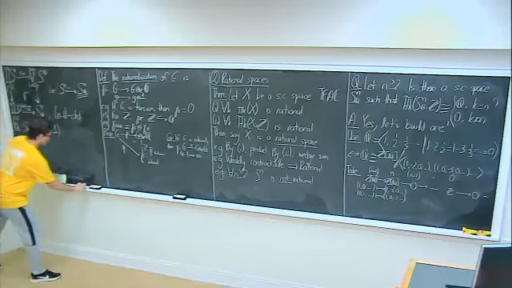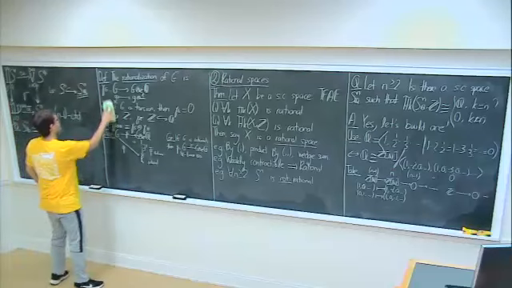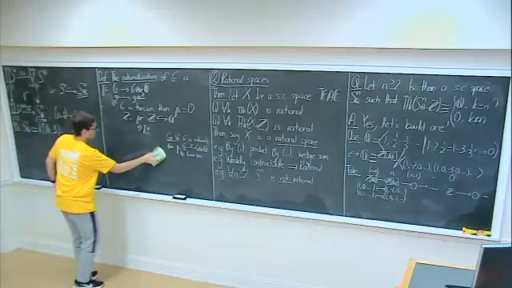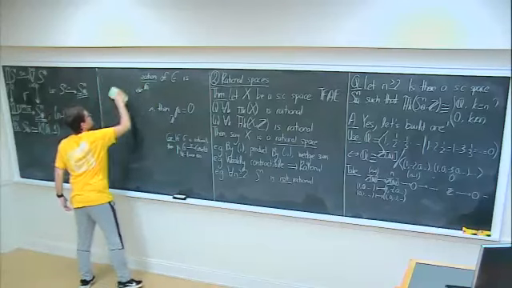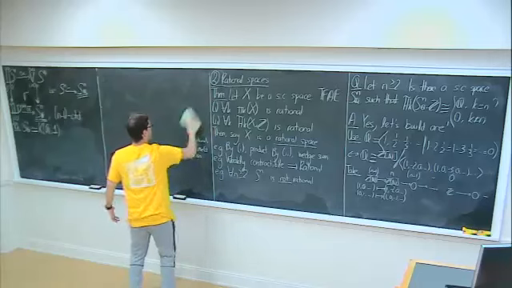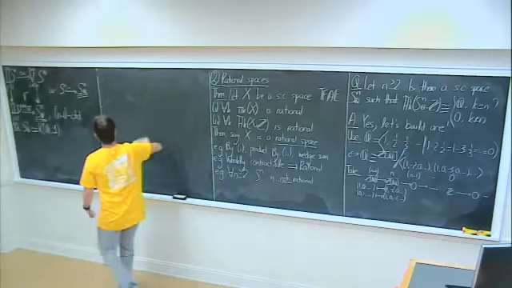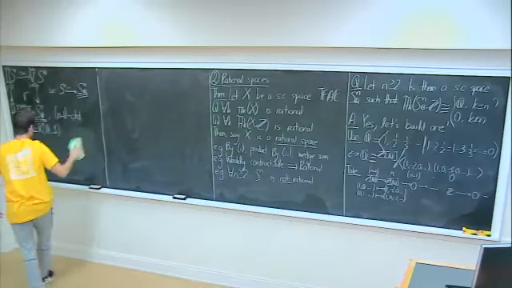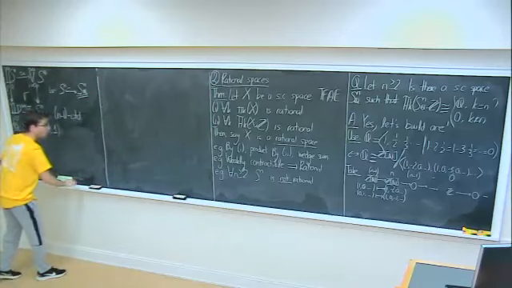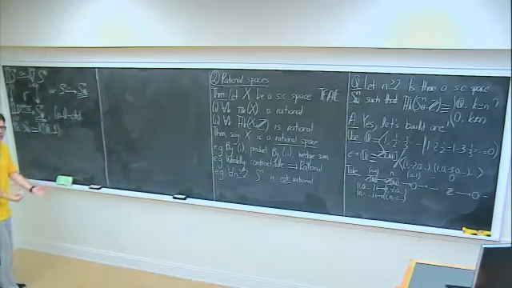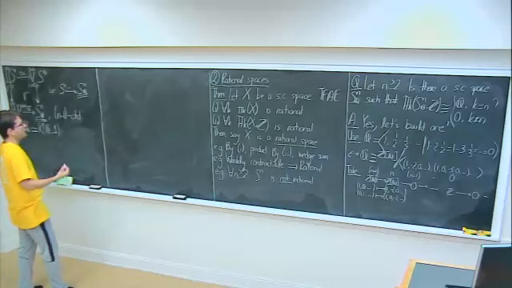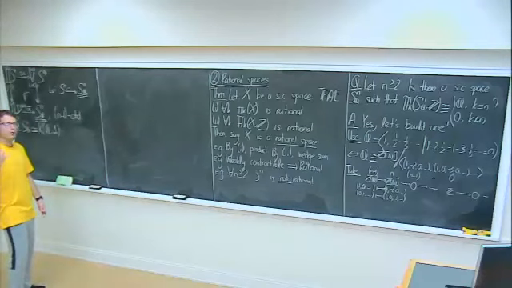So let's go to this board to make people's lives easier, and let's start talking about the rationalization of a space. And to do that, I'm going to quickly recap and use the language of rational homotopy equivalences, which are supposed to be, and I will explain that they are, an even weaker notion of homotopy equivalence than weak homotopy equivalence, because weak homotopy equivalence is after you kill torsion.